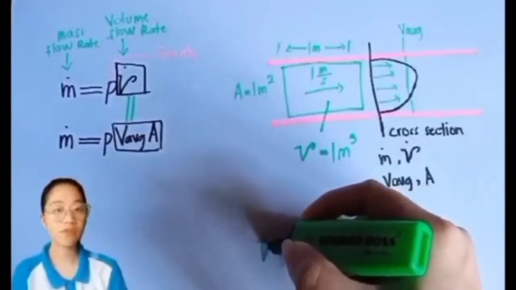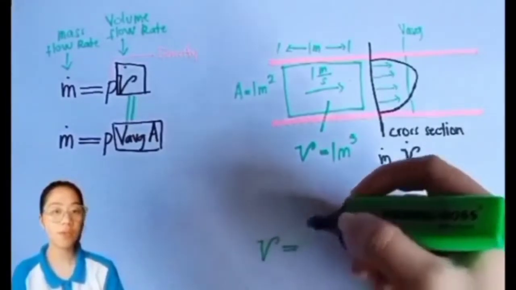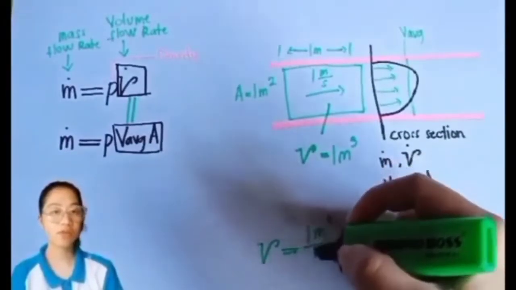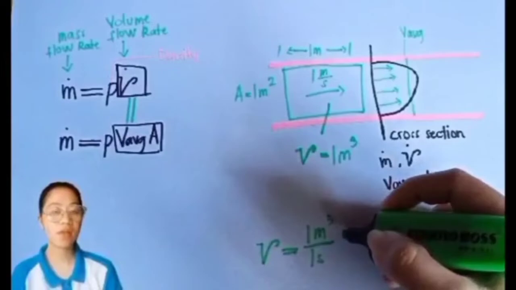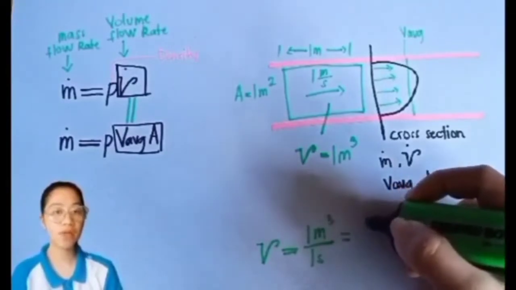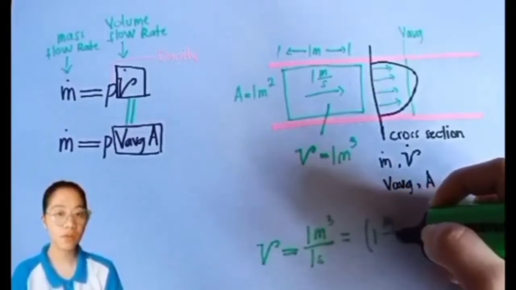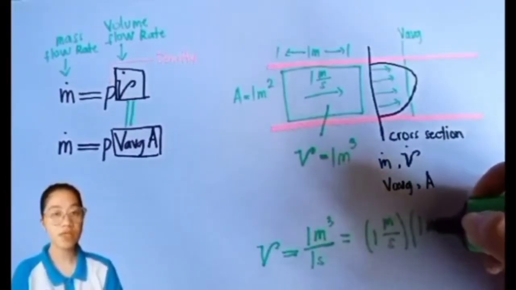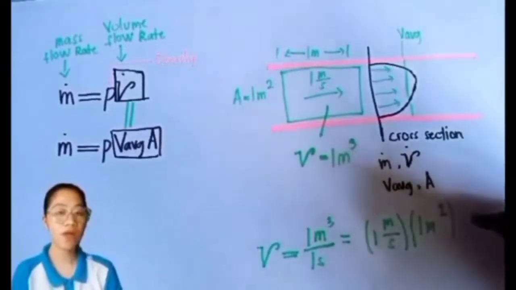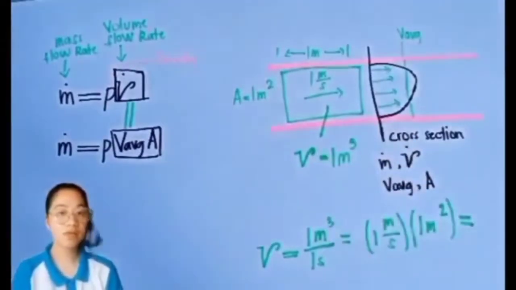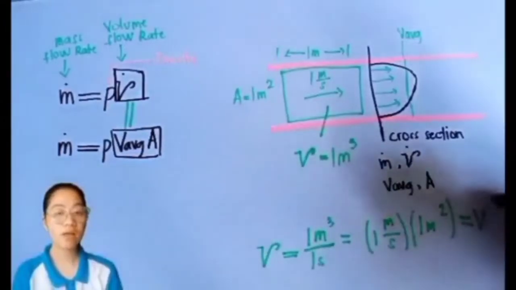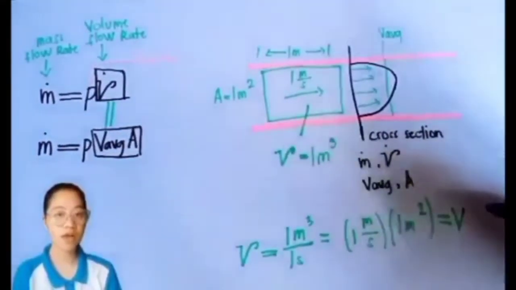So, the volumetric flow rate is equal to 1 cubic meter divided by 1 second, and this is equal to 1 meter per second, the average velocity, times 1 square meter, the cross-sectional area. This is a very special example, but it shows us that the volumetric flow rate is equal to the average velocity times the cross-sectional area.